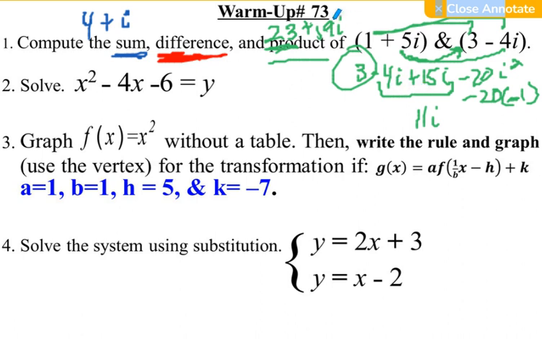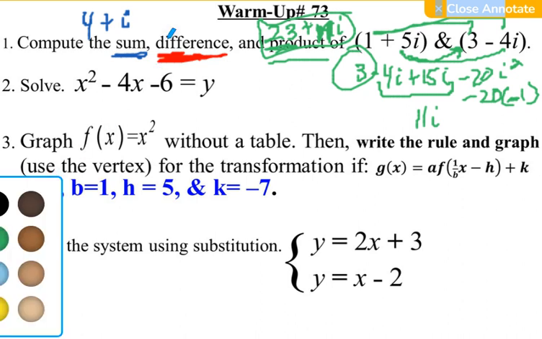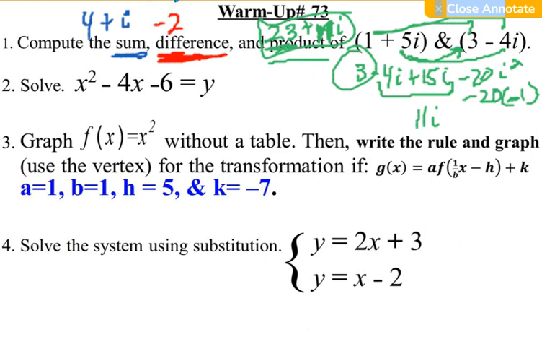So the 19 becomes 11. All right, thank you. And back to the difference. Negative 2 plus 9i. That is correct. All right, let's go to number 2.